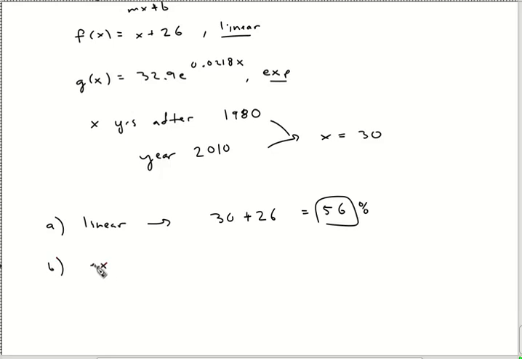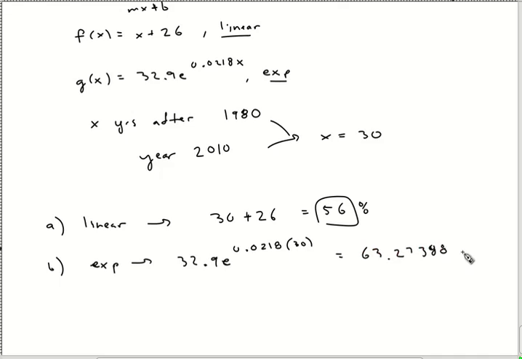So then they say, hey, what's the exponential model look like? In that tone of voice, by the way, it's totally normal. And so e to the 0.0218, and then x here is 30. When you put this all into the calculator, because you need to, I got 63.27388.